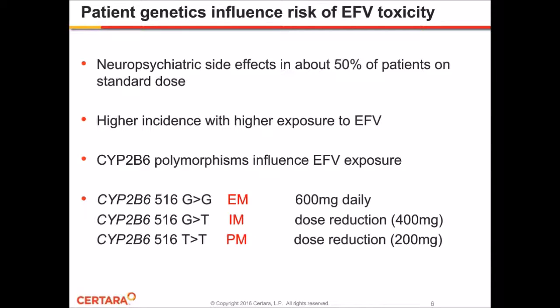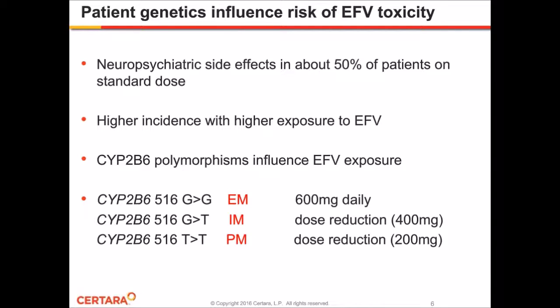So CYP2B6 is the main enzyme that metabolizes Efavirenz, and polymorphisms in this enzyme system lead to significant differences in the rate of metabolism of the drug.